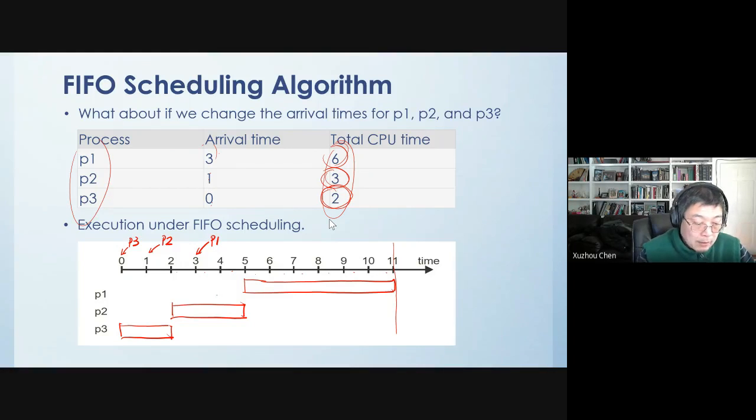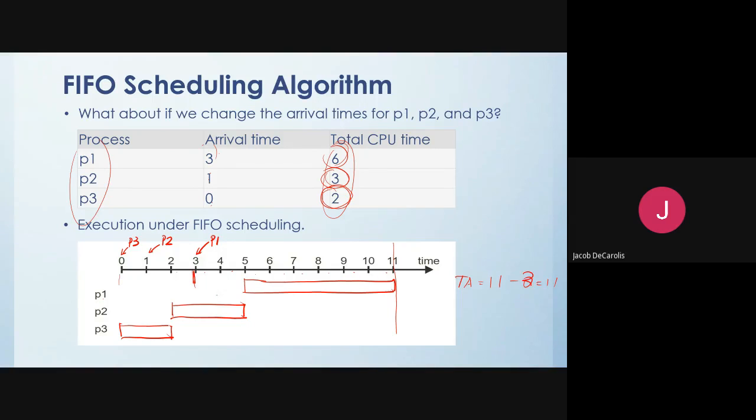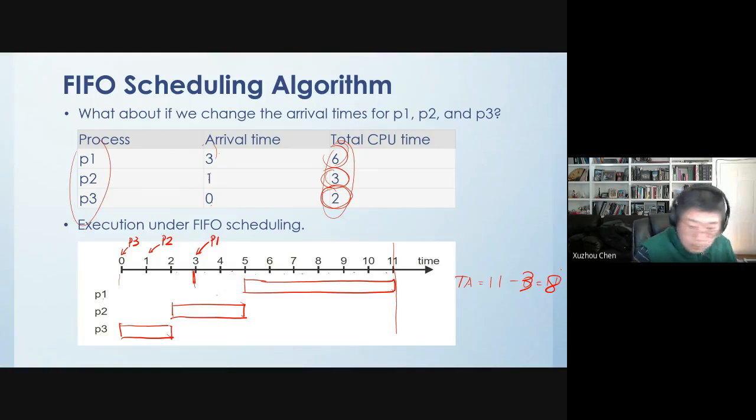Now let's take a look at this case. If we switch the order, what's the turnaround time for P1? 11 minus 0, right? P3 arrives at time 3, so it would be 8.